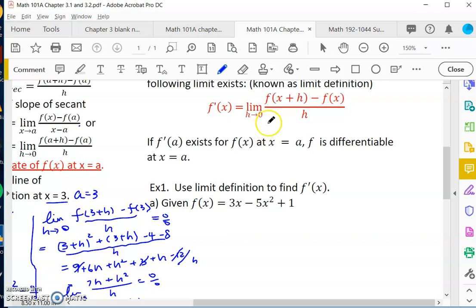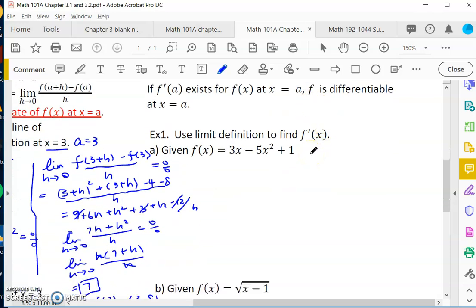Look at this first question. Use the limit definition to find f prime of x. The original function is f of x equals 3x minus 5x squared plus 1. So what is the definition? By the limit definition, it is always the limit as h approaches 0 of the difference quotient: f of x plus h, where x is any point and I add a little bit, minus f of x, the point that we want, over h.